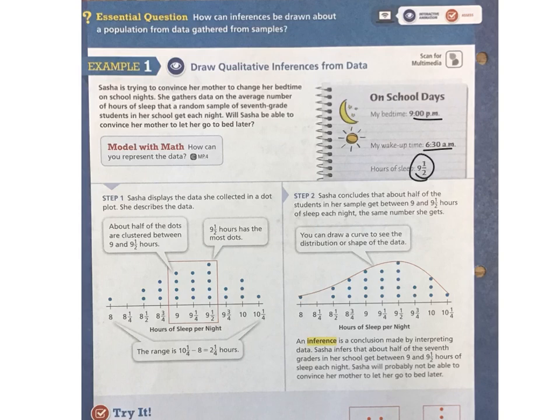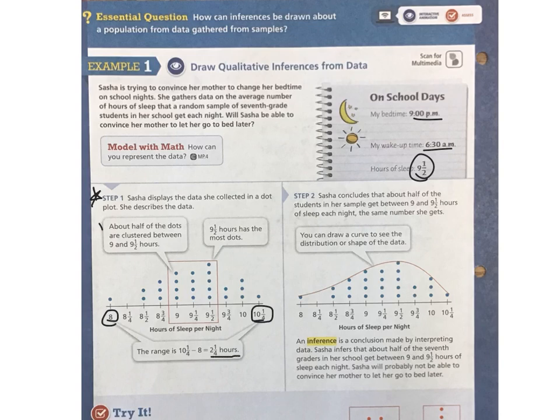So Sasha, in step 1 right here, displays the data she collected in a dot plot, and she describes the data. So the range is between 10¼ hours of sleep per night and 8 hours of sleep per night, or a range of 2¼ hours.